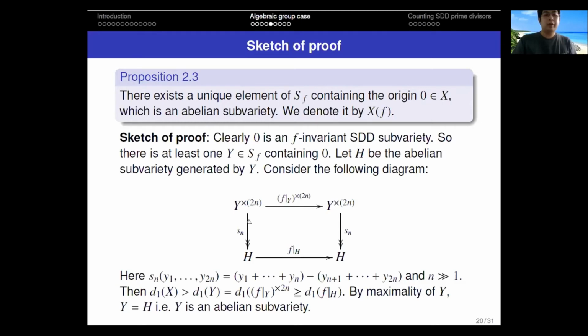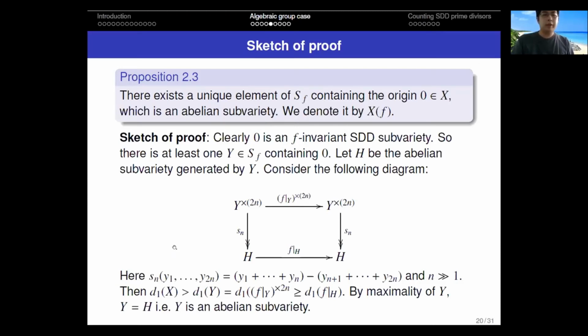Because the above self-map dominates the below self-map, the above one has dynamical degree larger than or equal to the below one. So anyway, F restricted to H also has small dynamical degree, and H is F invariant. So H is also an F invariant STD subvariety. But we assume Y is maximal. So Y is indeed equal to H.